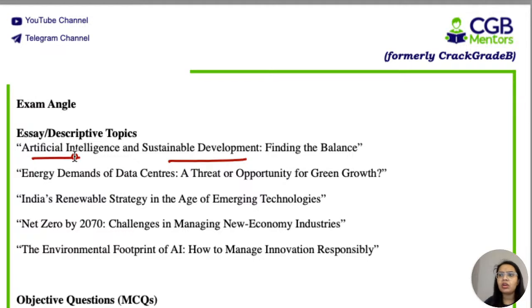Sustainability is just about not using resources which are polluting the environment. So this kind of article can really help you come up with the content when such a topic is asked in exam.